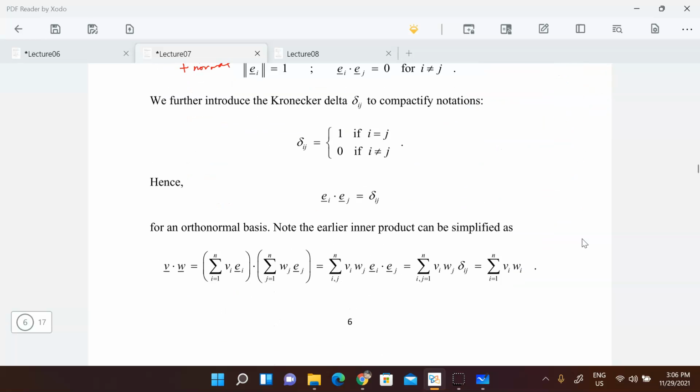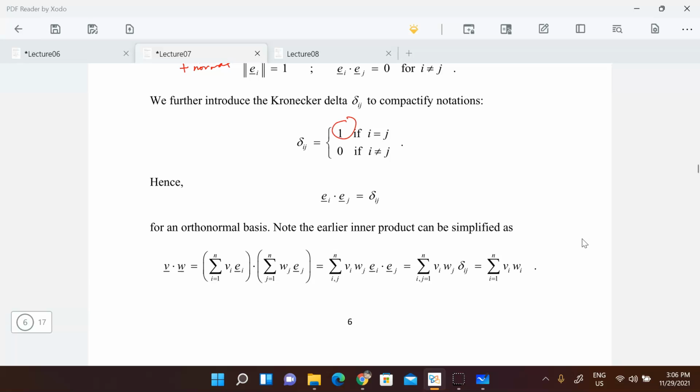Generally you have again the appearance of the Kronecker delta. This is particularly useful when you go to the index notation. Then you have ei dot ej being orthonormal here. If it's the same, for example delta 1, 1, with i equals to 1, j equals to 1, then I have 1.